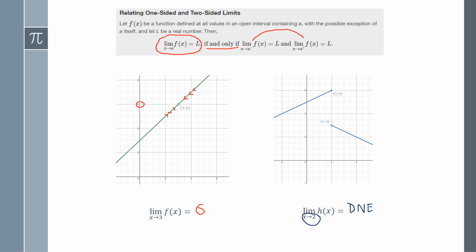The limit of h of x as x goes to positive 2 does not exist. Why? It doesn't exist because the two one-sided limits are different. One was 6, the other one was 3. All right, so that is your connection between one-sided and two-sided limits.